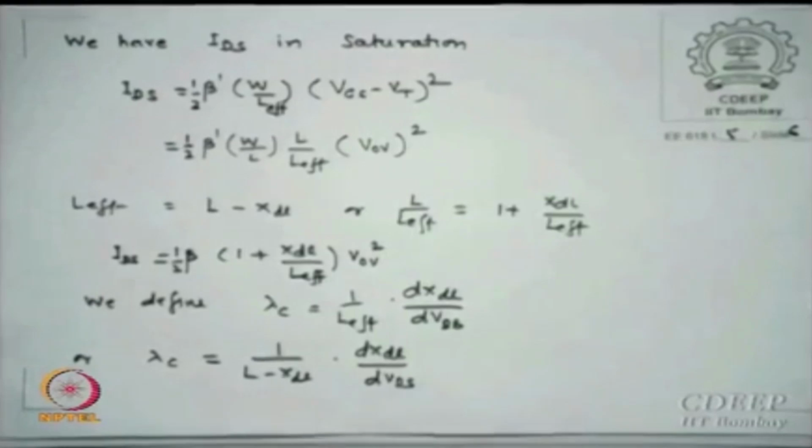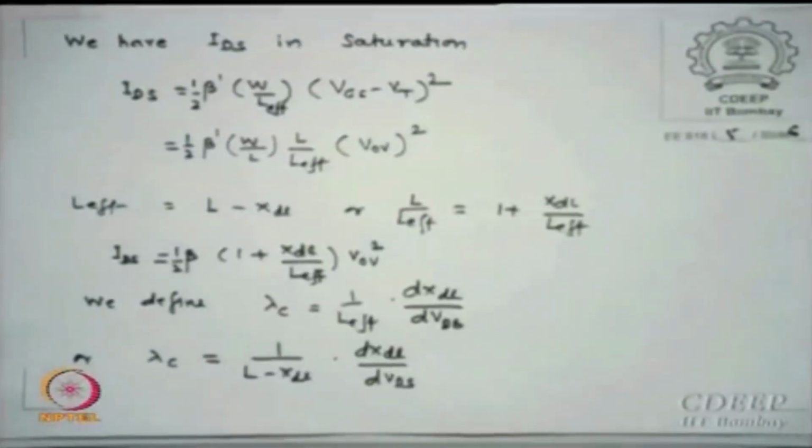I only took time to write down all of it. So lambda C is L minus XDL upon this, and I hope you have written down. I have got both expressions, every expression I have derived, XDL I have derived, dXDL by dV I have derived. I just now substituted this. Is that okay? Just substitute, and if I substitute, is that okay?